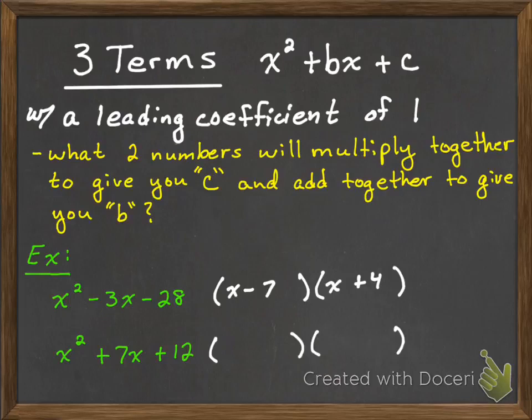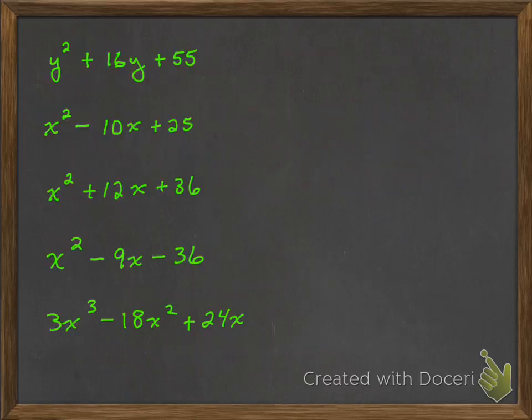Alright, applying the same idea here, x times x will give us the first term of x squared, plus 3 and plus 4. These will multiply together to give you 12, and they will add together to give us positive 7x.